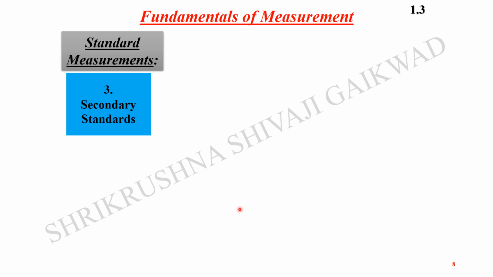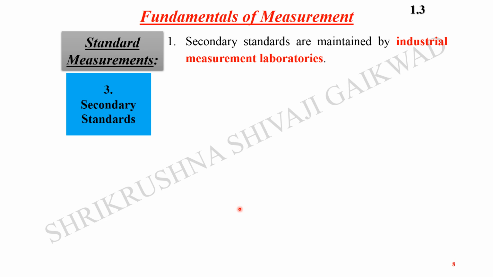Next come the secondary standards. These standards are maintained by industrial measurement laboratories, just like the scale bars in our compass box. They are calibrated by industries, and the industry calibrates its instruments from the national laboratory, and the national laboratory calibrates its instruments from Sèvres, France, or the international standards.